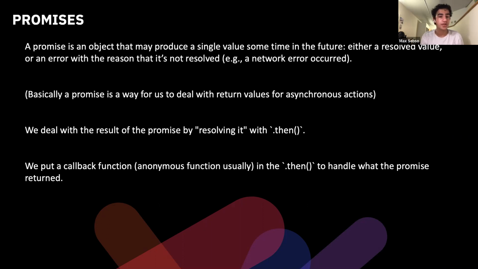In order to resolve this request, we need to say .then to signify, once the request has returned, what should we then do with the data we get back or the error we get back? So we put a callback function in the .then, which allows us to handle what the promise will do when it is resolved.